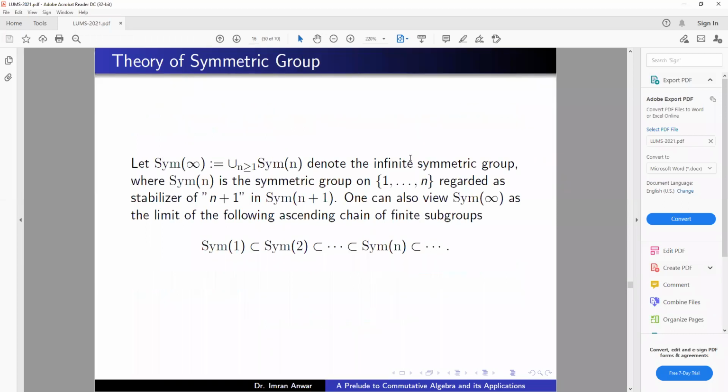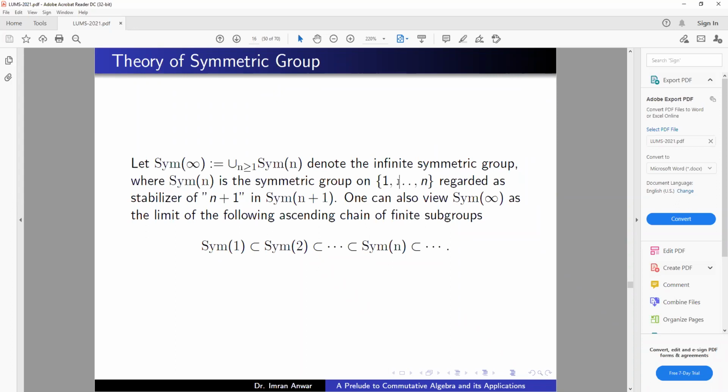Now let's talk about the symmetric group. In the beginning of my talk, I said that I am going to discuss something about the permutation group. The permutation group, as you might have seen, is the group of all permutations on n objects. This is Sym(n), which you have seen in your algebra course or maybe in combinatorics.